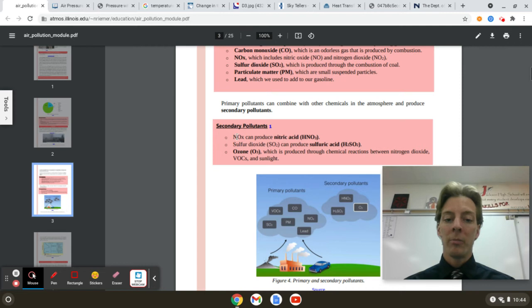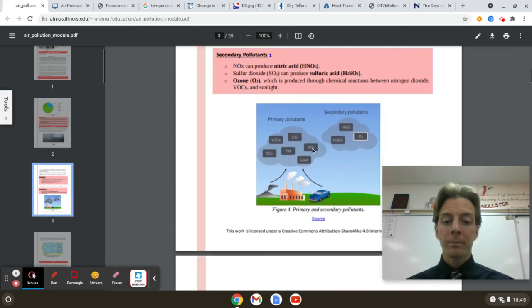Secondary, nitrous oxides can turn into nitric acid. Sulfur dioxide can make sulfuric acid, right? The sulfur dioxide, you add oxygen, and then you get sulfur trioxide, and then you add water, and then you can get sulfuric acid out of it, all right? Primary pollutants, there's the list. That's the list of secondary pollutants.